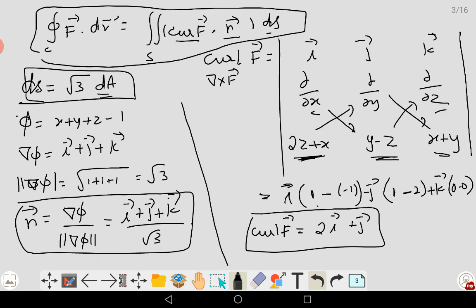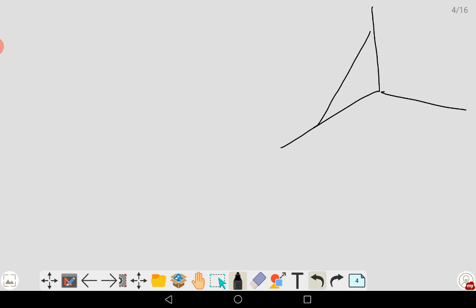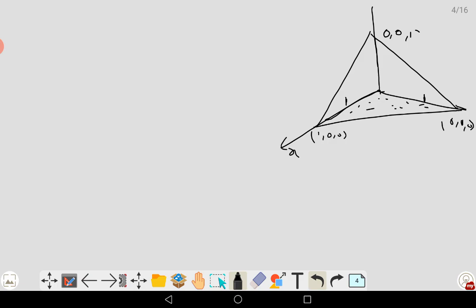So we have almost all terms that we need for this formula: curl f, the n vector, and the ds formula. And remember, on the next page I will recall the tetrahedron. This distance is 1 unit, this distance is 1 unit, because this point is 1, 0, 0, this is 0, 1, 0, and this is 0, 0, 1. When there is no z, you fall on this triangle. So this is your xy plane, this is x, this is y, with 1 unit here and 1 unit here.